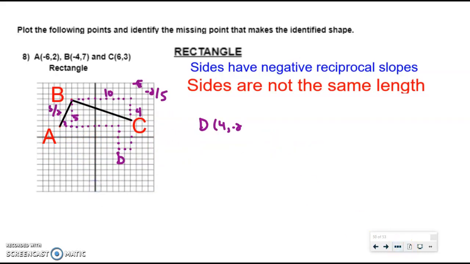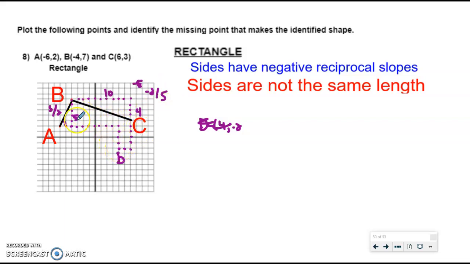So let's look at this shape. What I know is that I'm going from A to B. I'm going to the right 2, up 5. Now I could do the same thing. In this case, I can go down 1, 2, 3, 4, 5 over 1, 2. And that's going to get me this new point.